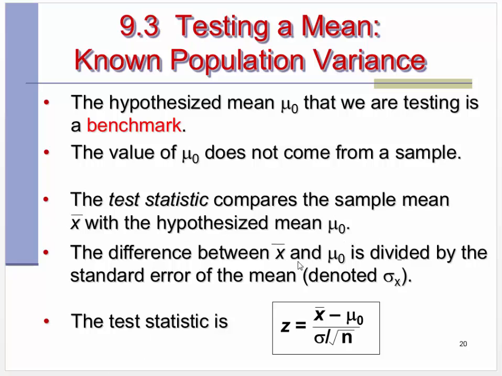And the difference between x bar and mu0 is divided by the standard error of the mean, denoted by sigma x bar. So the test statistic in this case, the z score, is x bar, the sample mean, minus mu0, the hypothesized mean, divided by the standard deviation over the square root of n, the sample size. That's our test statistic. And then we use this test statistic to compare with the critical values. Okay.